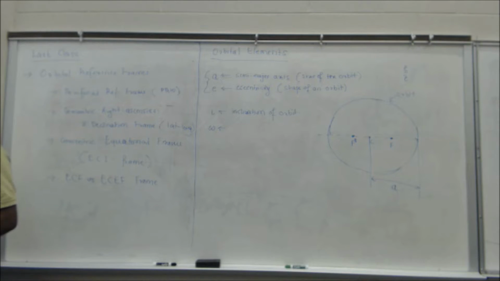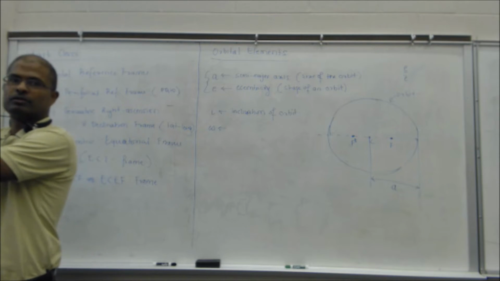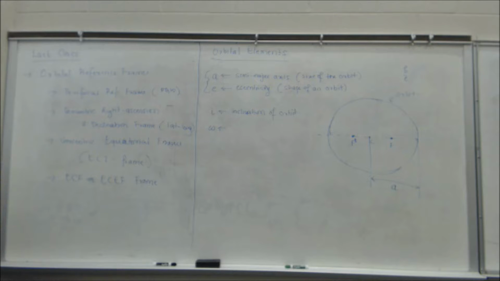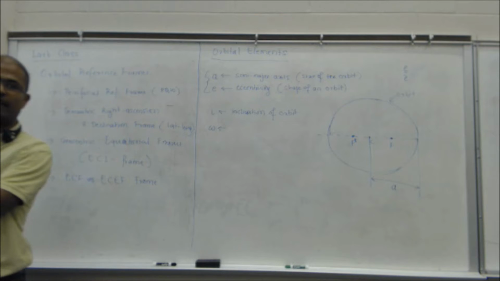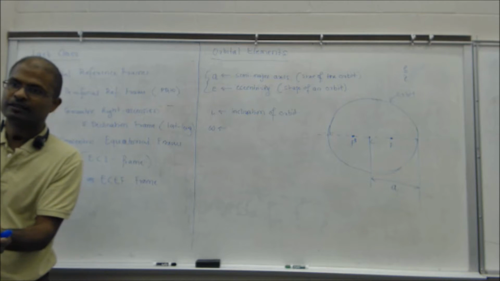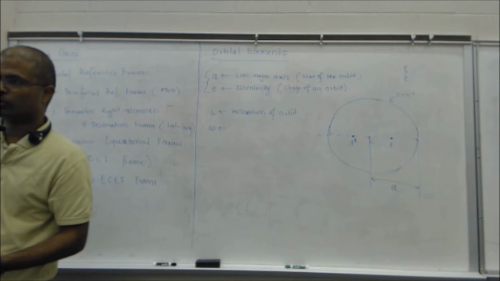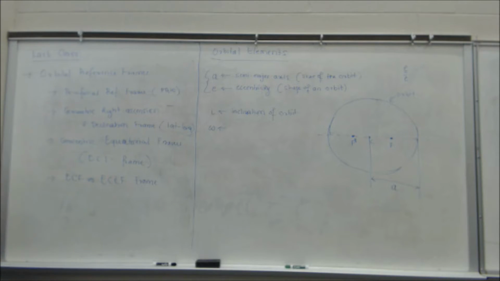Correct. From this point onwards, it's going towards north. You see, it's ascending, right? And if you keep going in that direction, from this point downwards, it is descending, right? So there is an ascending portion and a descending portion.